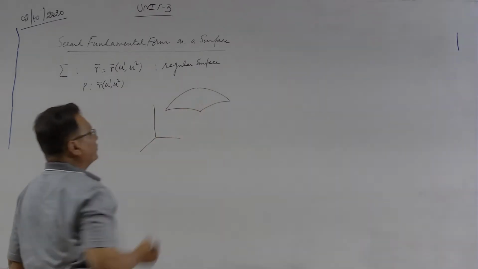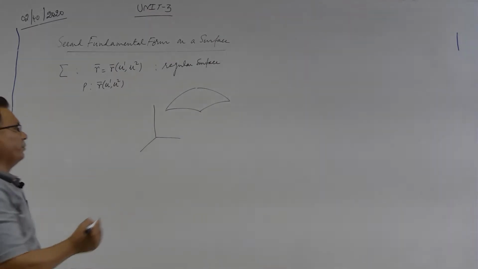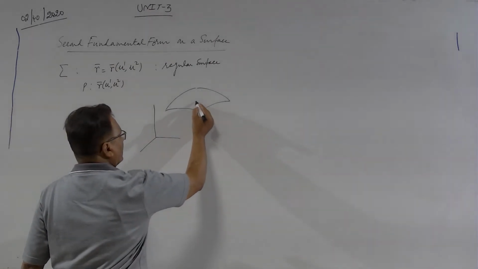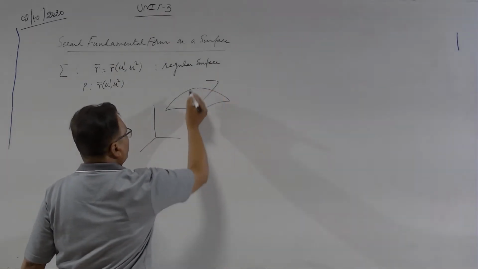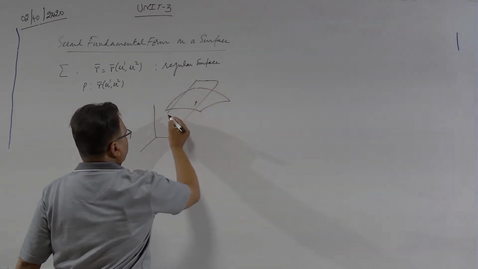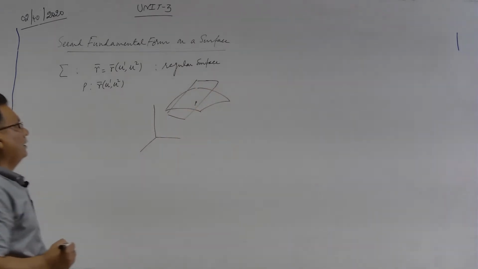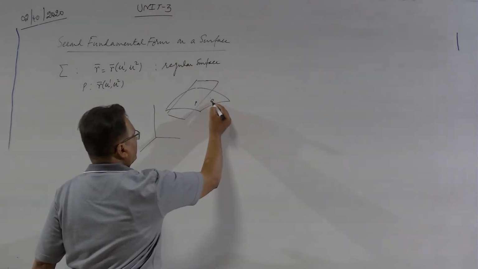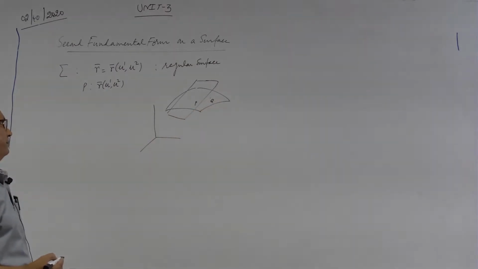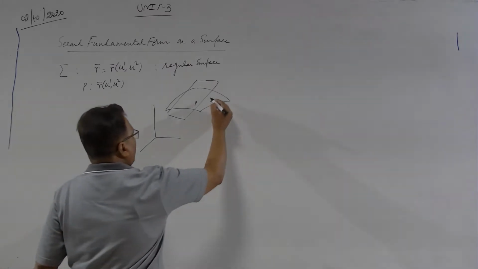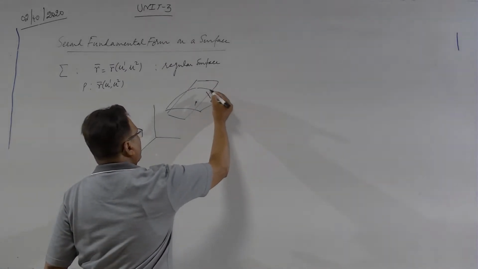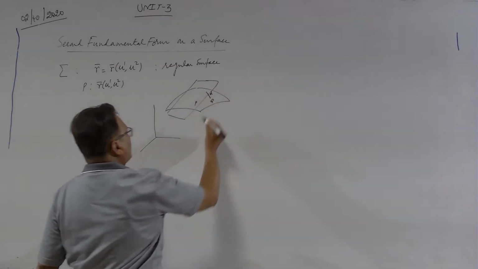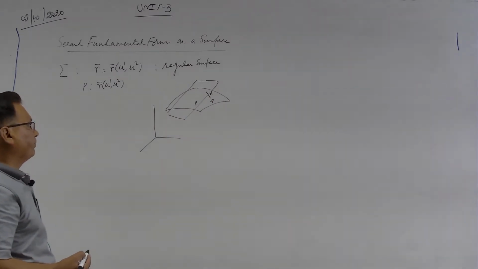Suppose I want to see the bentness of the surface at a point P. So, we will draw a tangent plane at P, and I will choose a neighboring point Q on the surface, and then I will drop a perpendicular from Q onto the tangent plane.